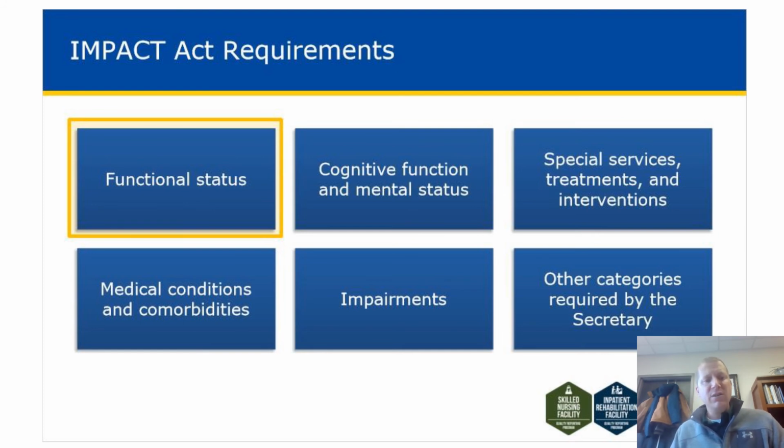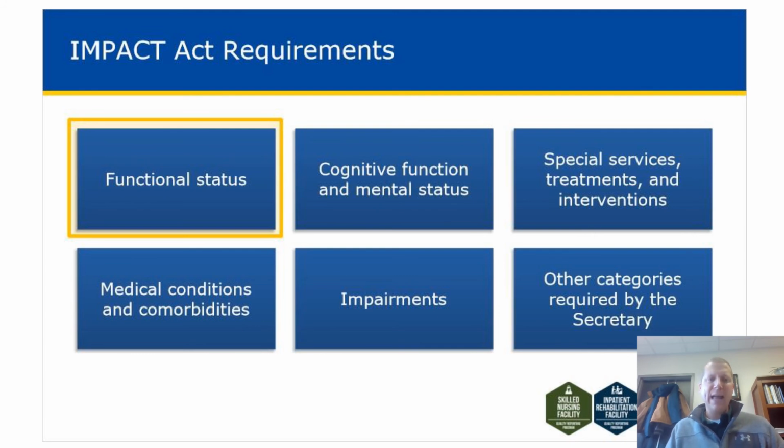There's an area here also where all of these places should be gathering data on medical conditions and comorbidities, other impairments, or maybe other categories required by a particular secretary or somebody within that facility where they're looking at tracking some of that information.